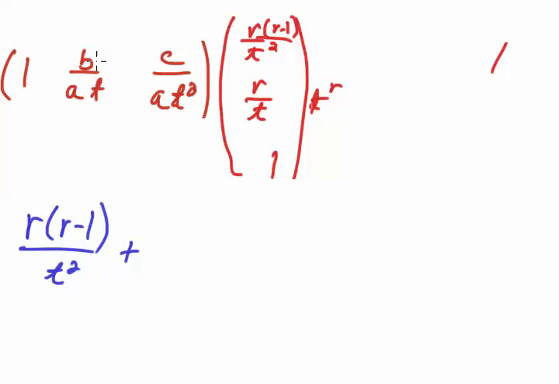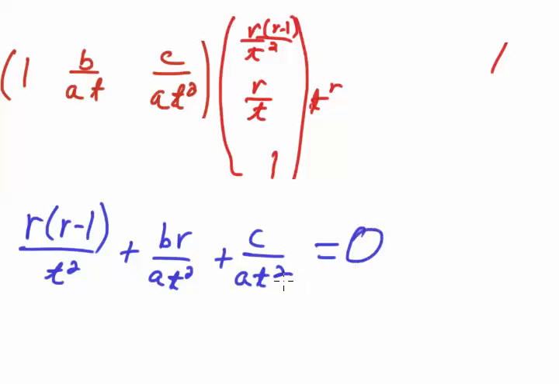br over at squared plus c over at squared is going to have to come out to be 0 to get our homogeneous solution. And then if this is equal to some f of t over, what was it divided by?